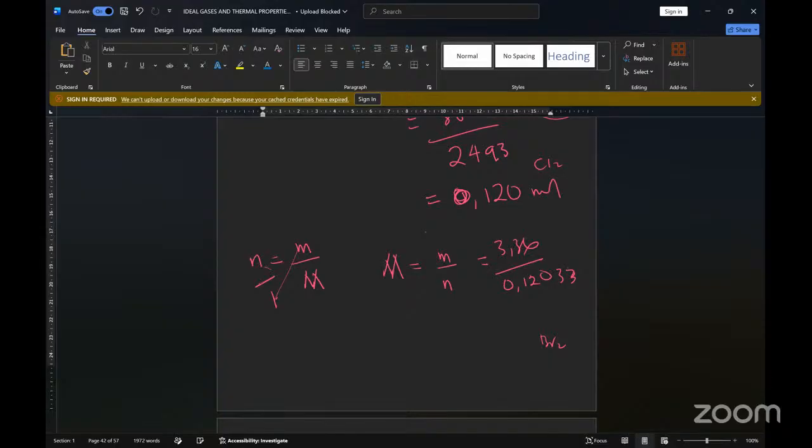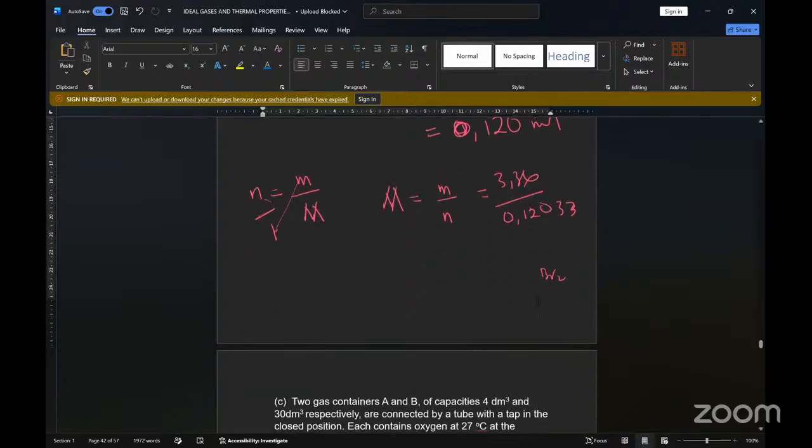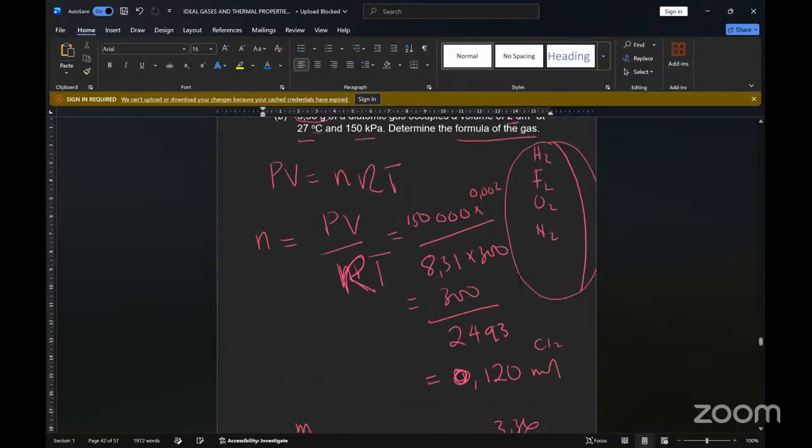So let's see, 3.36 divided by 0.12033. Okay. So according to my calculation, the molar mass is 27.9. Okay. So of all the gases, let's go back to the gases that I mentioned.